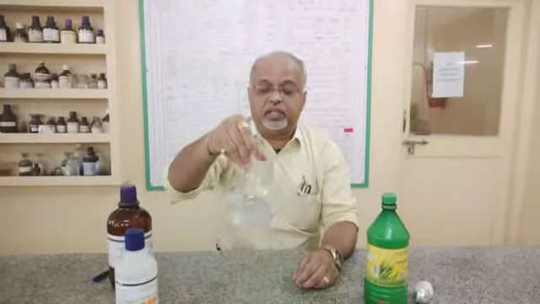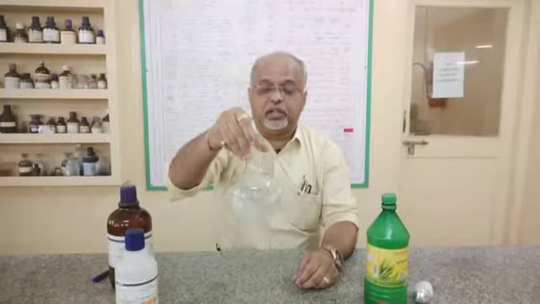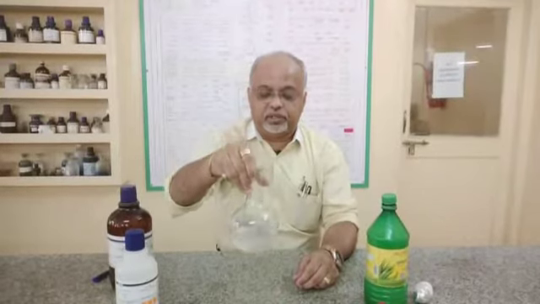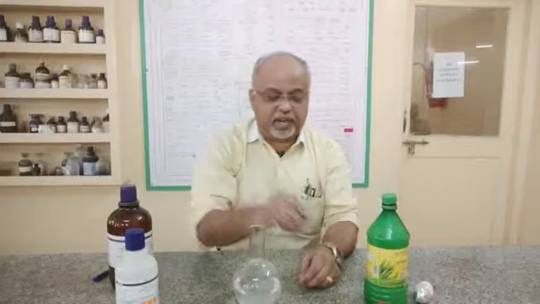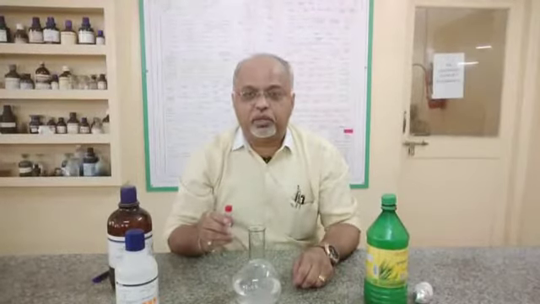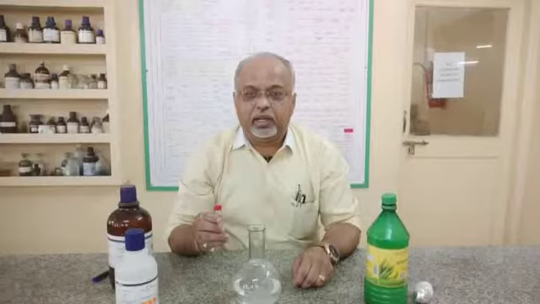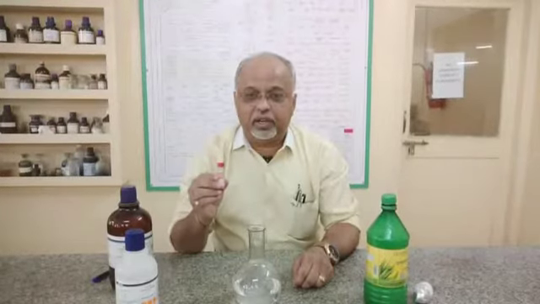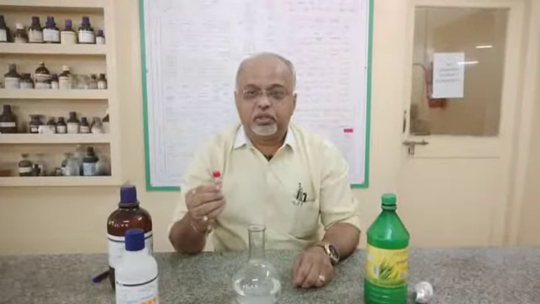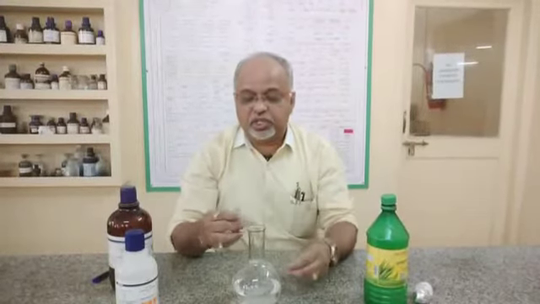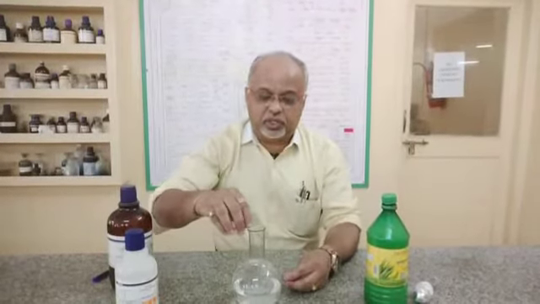Now you can see the change in the color. It has become a little bit thick, a little bit turbid. After that, add whatever essential oil you have at home. Generally in every home eucalyptus oil, which we call Nilgiri oil, is available. You can add a few drops of this essential oil to the mixture.